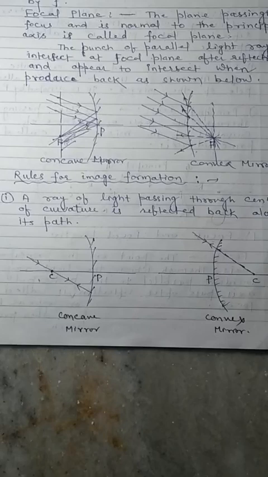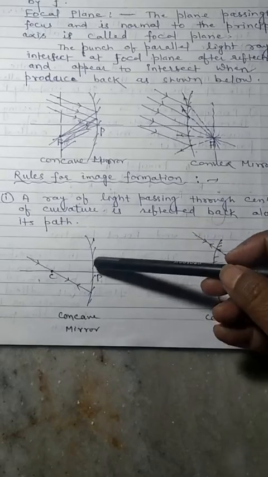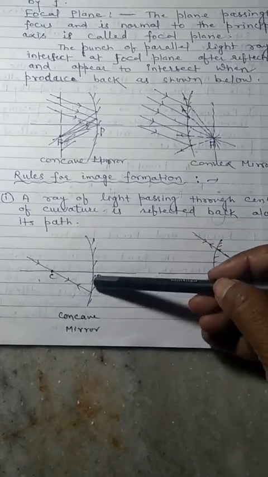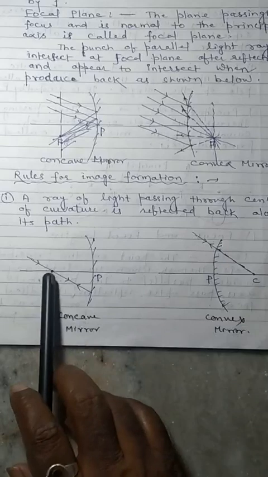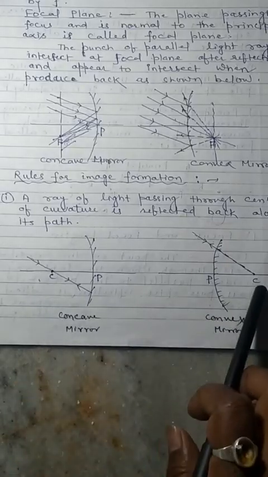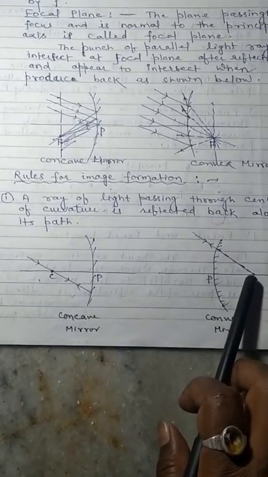So first, a ray passing through the center of curvature. See in the figure, this is concave mirror and this is convex mirror. So center of curvature is here and center of curvature is here.